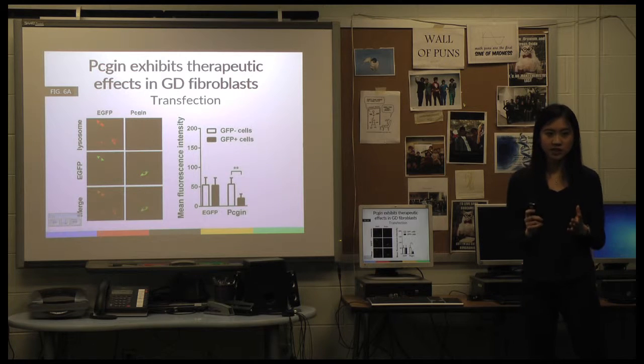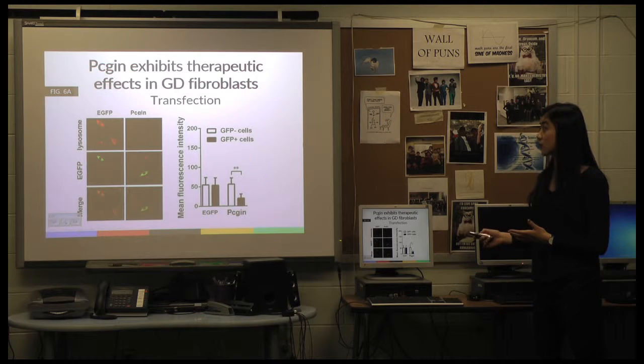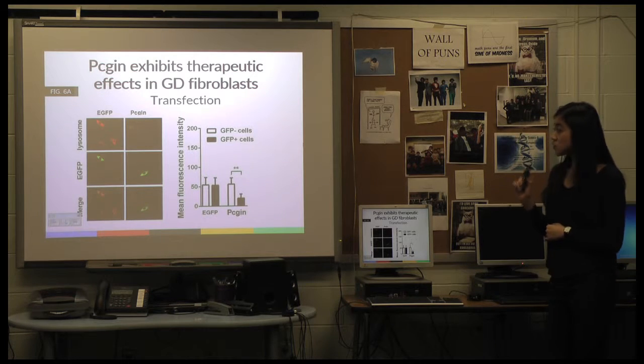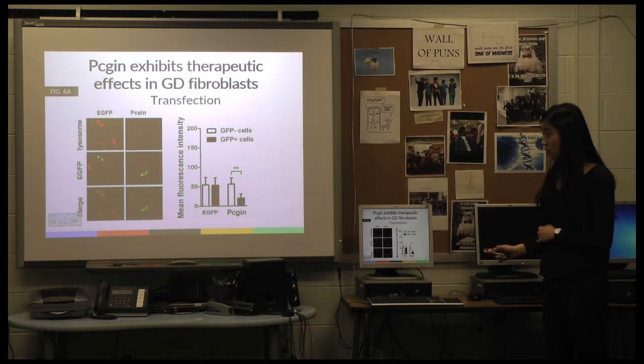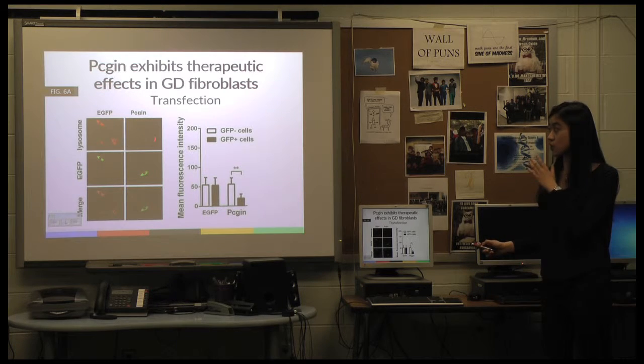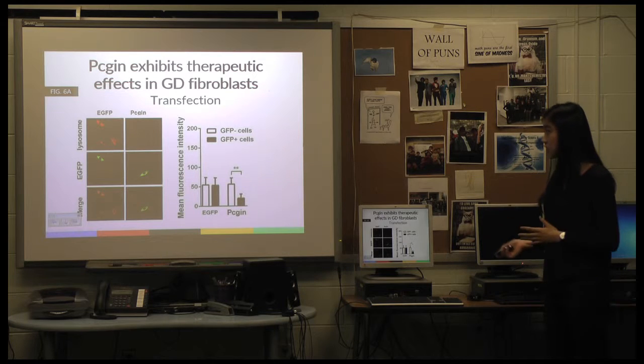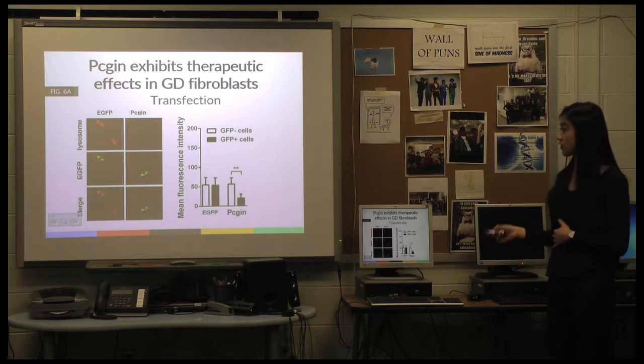This protein allows us, when we turn on fluorescence, to see a green color. When we merge the two images, we should ideally see the green color retained, because the lysosome levels should return to normal. We shouldn't see all this red color that we did in the beginning. So we saw that indeed, when PC-GIN was added as a treatment, it retained its therapeutic effects.